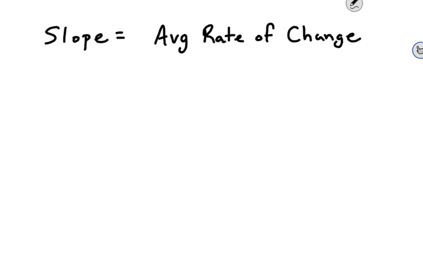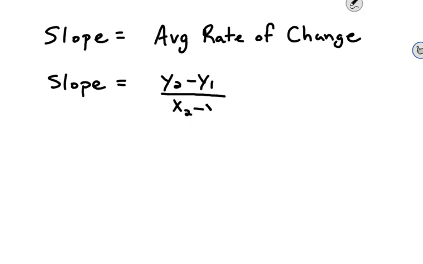Now, slope and the average rate of change can be referred to in a couple different ways, one of which is a formula. The slope formula, you might remember from previous classes, is y2 minus y1 over x2 minus x1. And this is where we take the x and y coordinates of two endpoints and plug them into the formula.